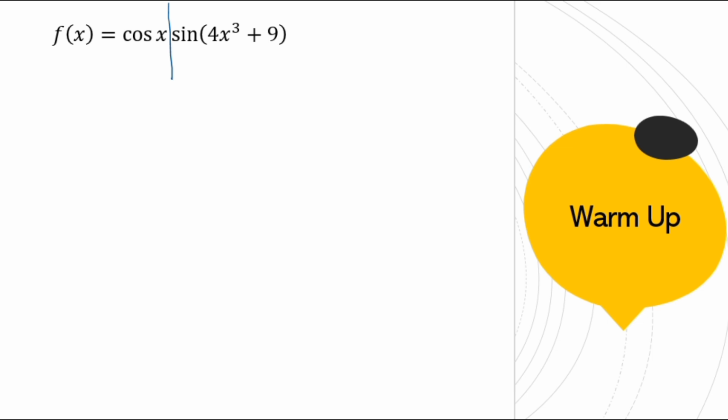So I'm just going to write what I usually write and kind of split it in half. I know that the derivative of cos x is negative sine x, and that's fine. The problem is I just have to do a little more work on this side to find the derivative of this. So let's go old school. Let's set u equal to 4x cubed plus 9. And then we also know that our outer function is sine u.